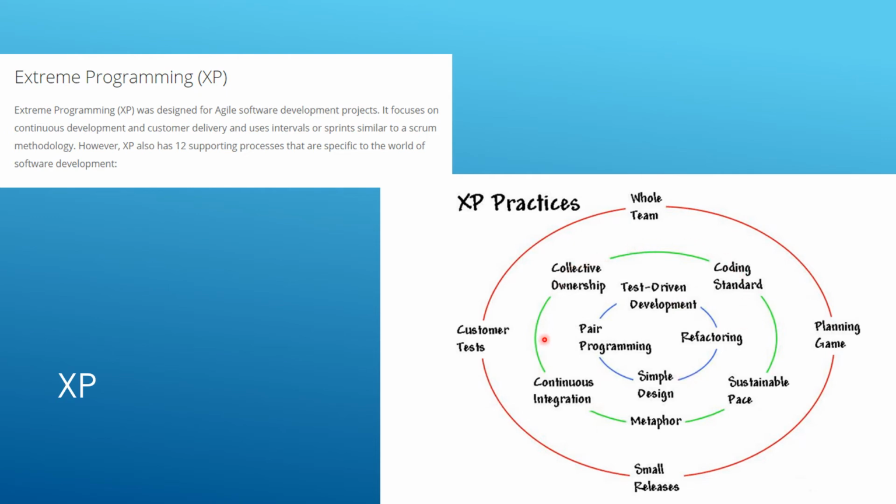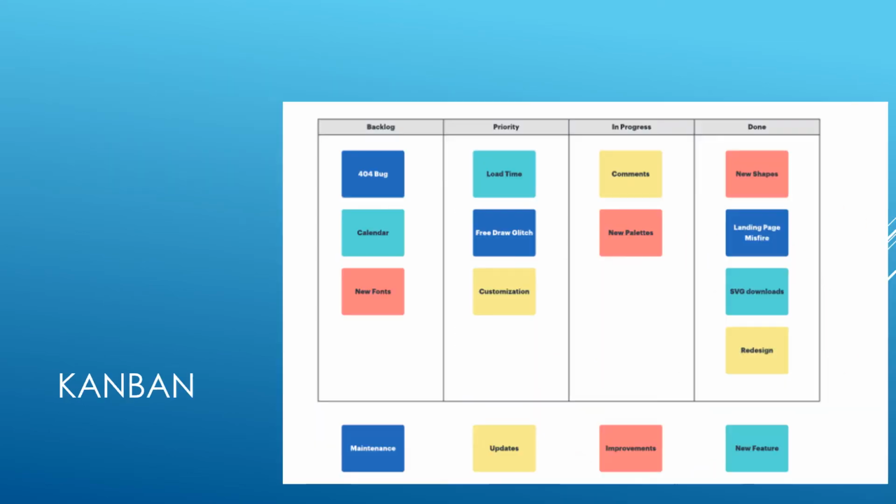At the next layer, it talks about team level things like coding standard, collective ownership, continuous integration, system metaphor, and sustainable pace. At the outer layer, it talks about whole team, customer test, small releases, and planning game. If I get a chance, I'll do another video on XP as well.